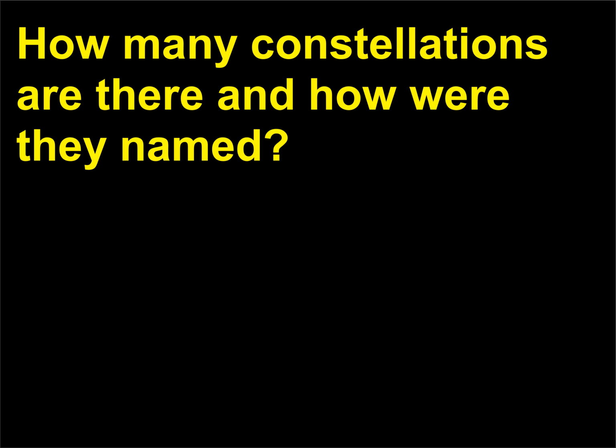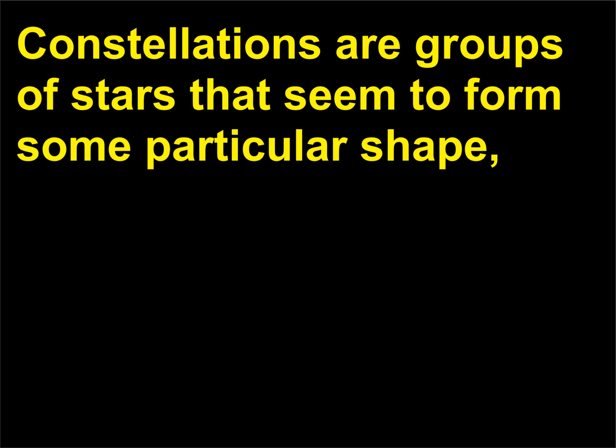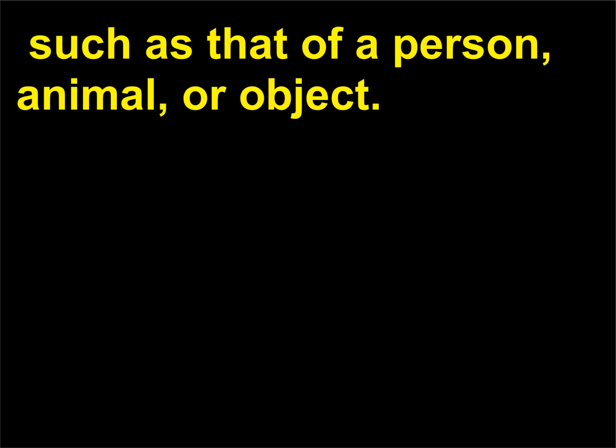How many constellations are there and how were they named? Constellations are groups of stars that seem to form some particular shape, such as that of a person, animal, or object.